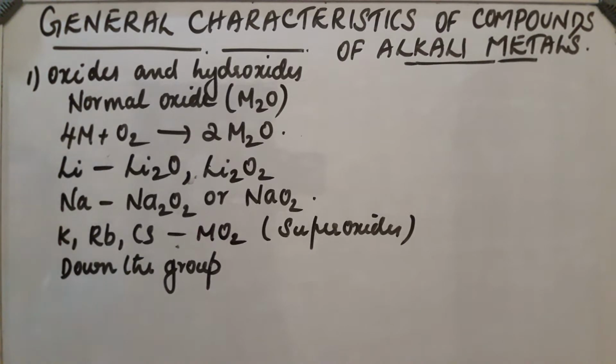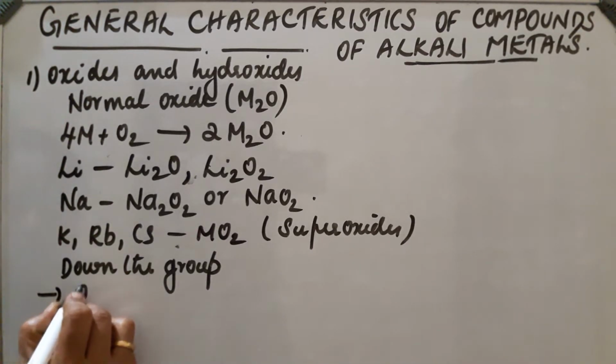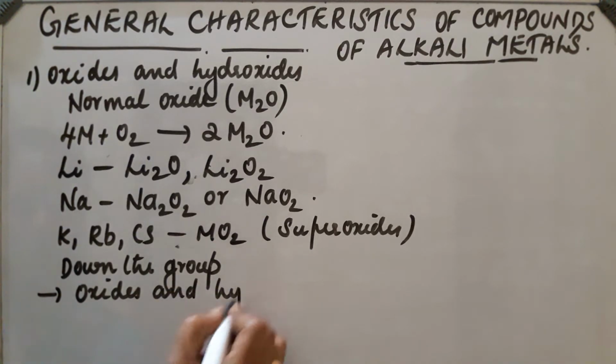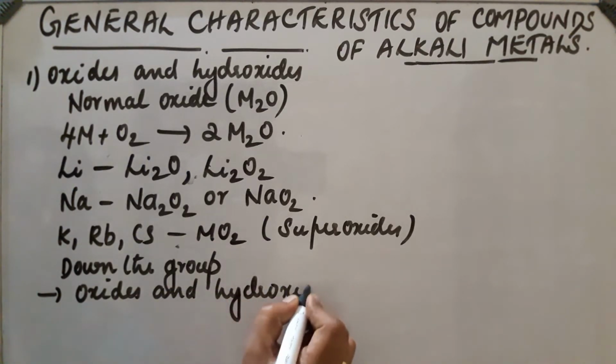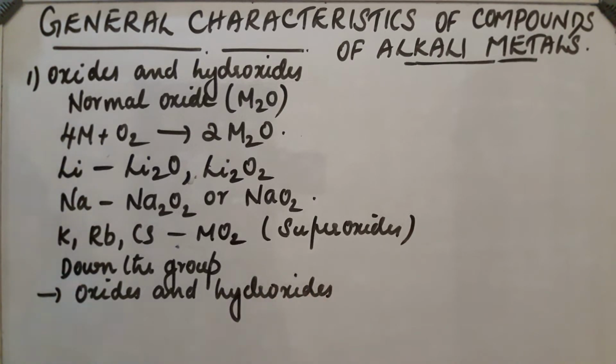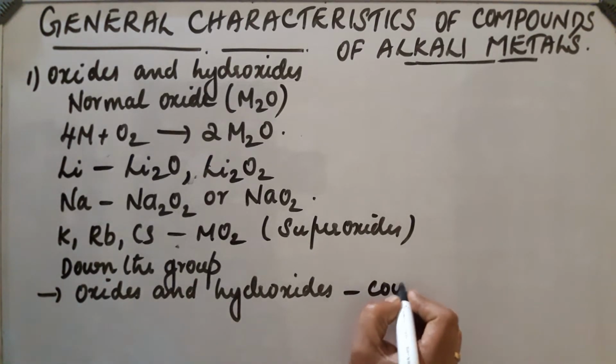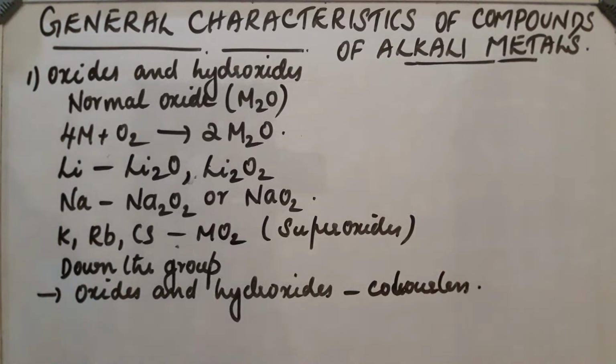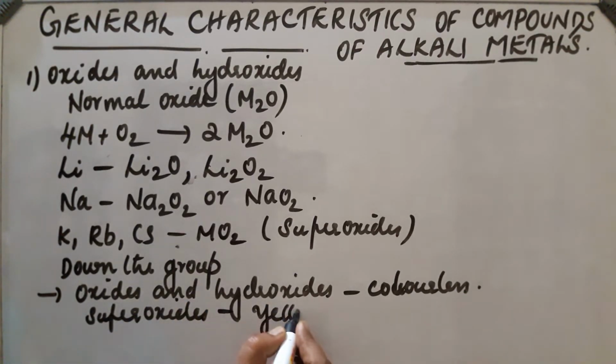Next, what about their color? Oxides and hydroxides are colorless when pure, but superoxides are yellow or orange.